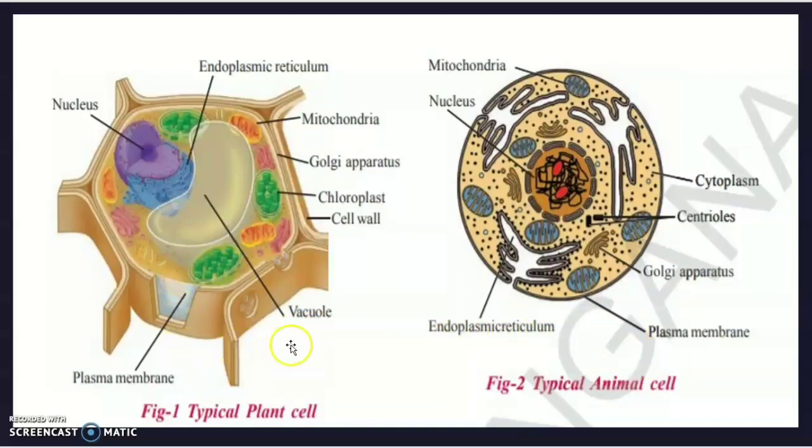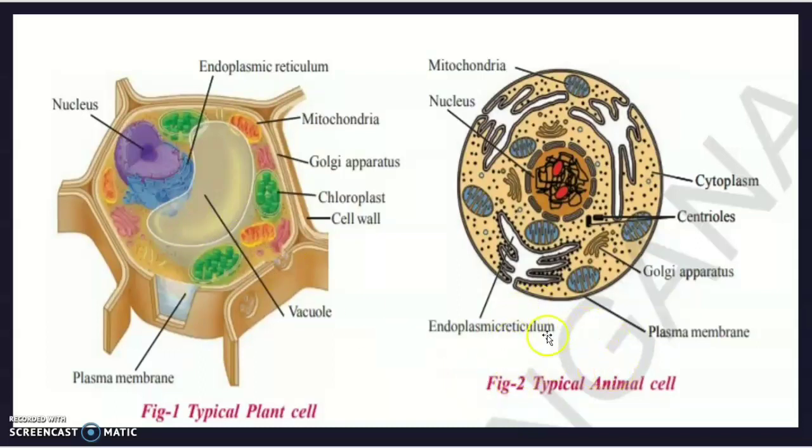If you take the plant cell, the outermost layer is called a cell wall. Then this is plasma membrane or cell membrane, chloroplast, Golgi apparatus, mitochondria, endoplasmic reticulum around the nucleus. This is nucleus and this is the vacuole.